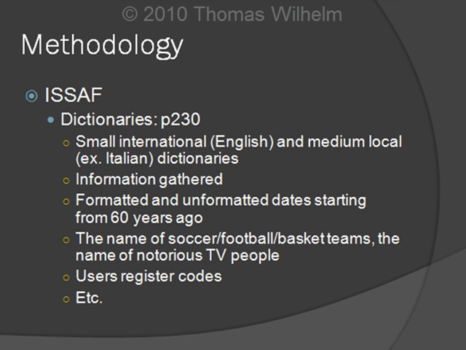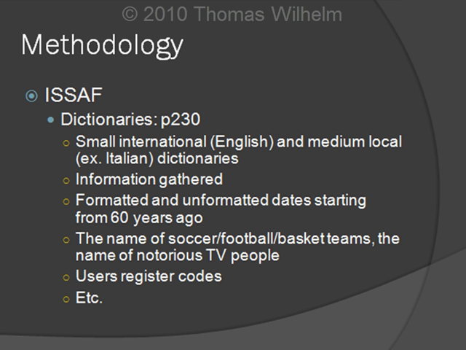You also need to look at the formatted and unformatted dates, and they say go about 60 years. This is things like birthdays, anniversaries. It's also major events within the country. Here in the United States, 9/11 is a more recent event that a lot of people will be thinking about, so that's something that they might include in their passwords. So those are the kind of things that we're talking about.